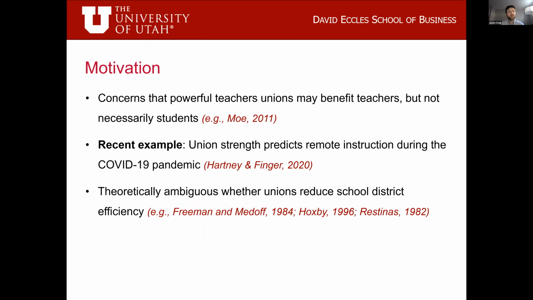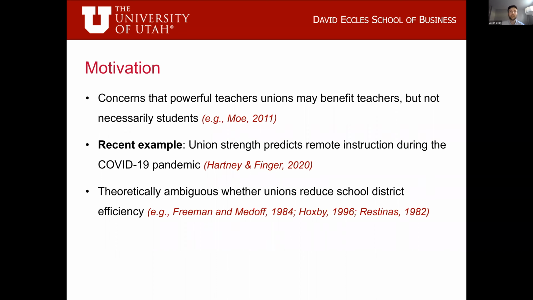Okay, so to motivate this question and why it's important, there are policy experts and academics who have concerns that powerful teachers unions may benefit teachers, but not necessarily students. A recent example is this paper by Hartney and Finger that shows that union strength predicts whether or not a district offers instruction to their students remotely during the COVID-19 pandemic, which is just clearly something that the teachers would value and the unions would value.